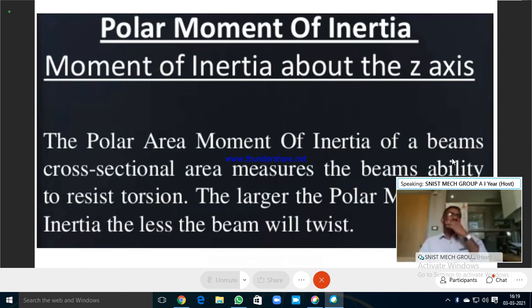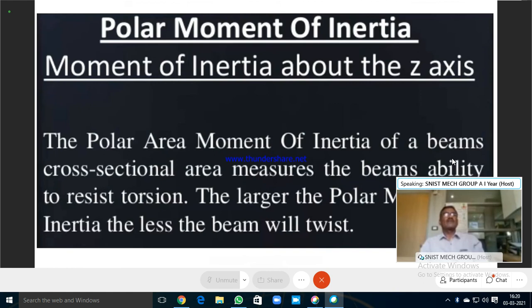Remember that when a shaft is subjected to torque, rotation, that resistance you can calculate by means of polar moment of inertia. So this slide gives you the importance or significance of polar moment of inertia.